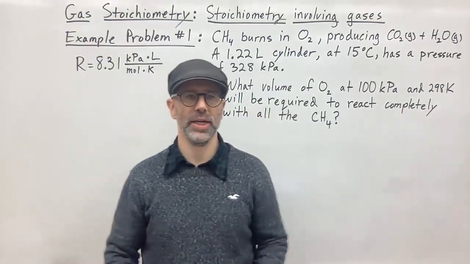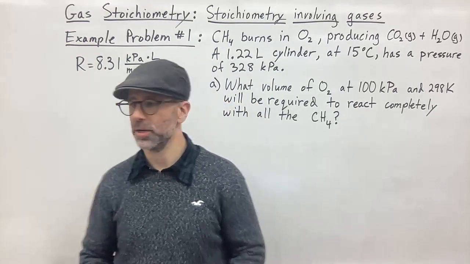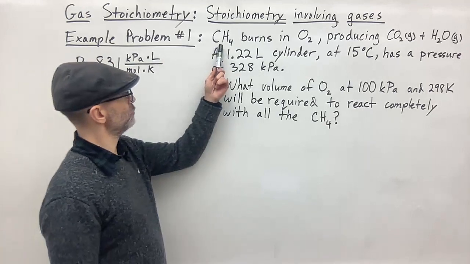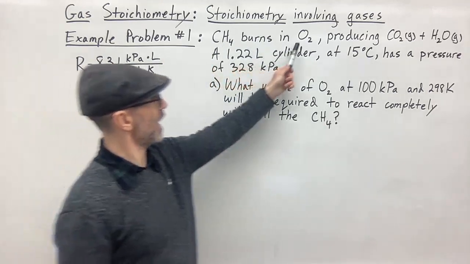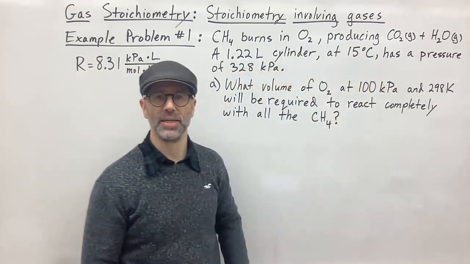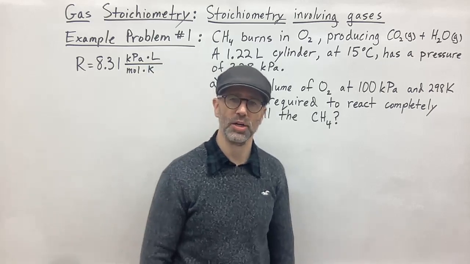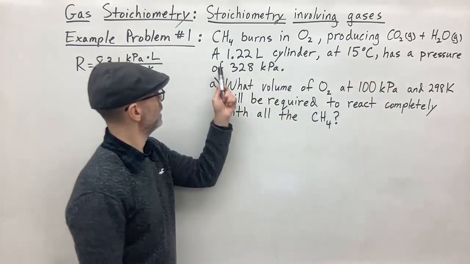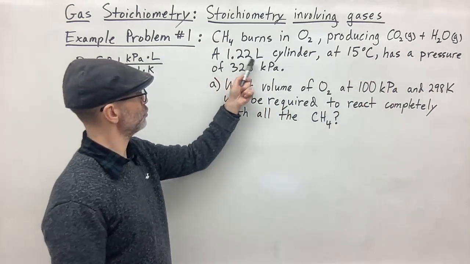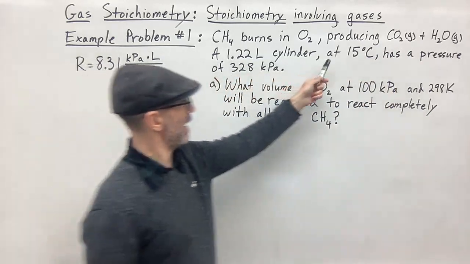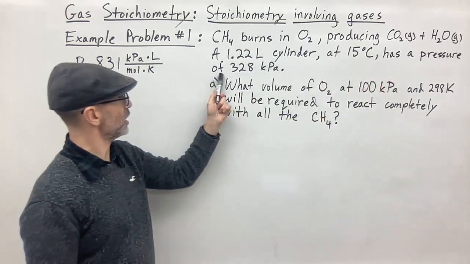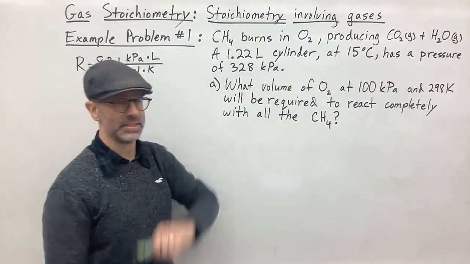Okay, so here is example problem number 1. We have CH4. CH4 burns in oxygen and it produces gaseous carbon dioxide and water. And we have a 1.22 liter cylinder at 15 degrees Celsius, and that has a pressure of 328 kilopascals.